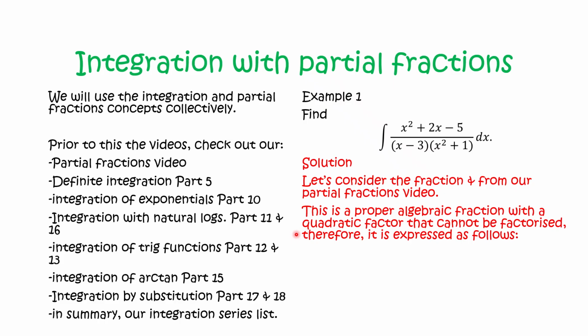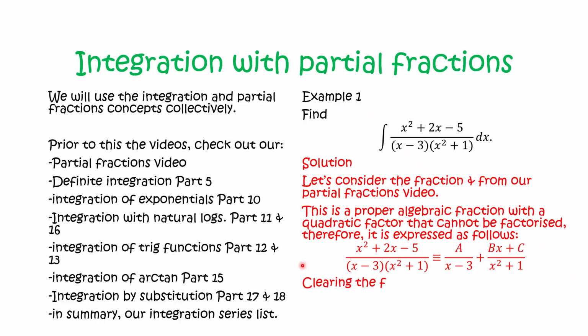Therefore, it can be expressed as follows: x squared plus 2x minus 5 over x minus 3 times x squared plus 1 is equivalent to capital letter A divided by x minus 3 plus bx plus c divided by x squared plus 1.